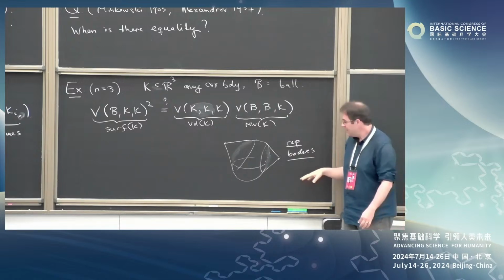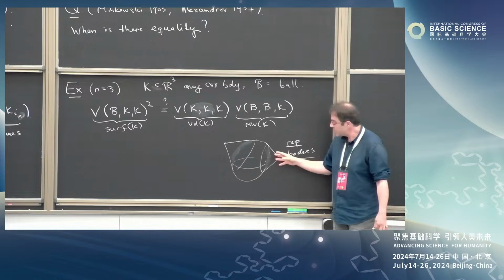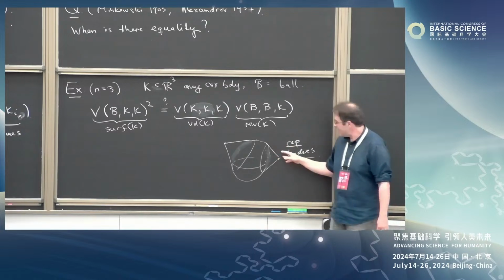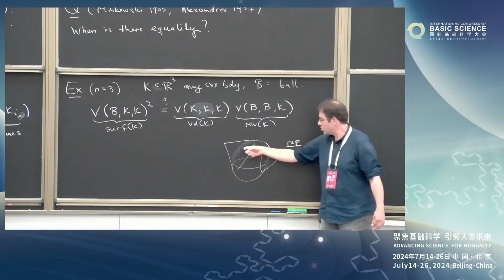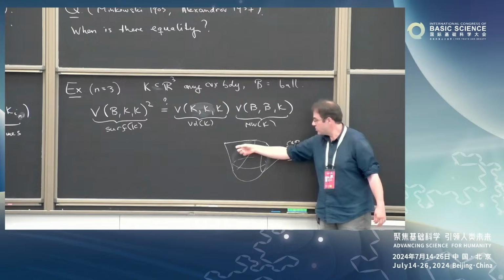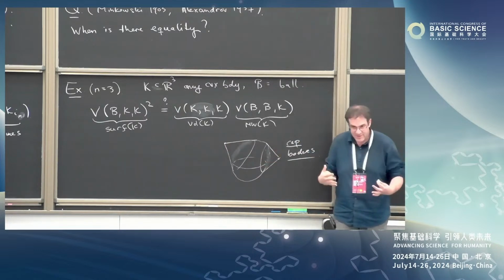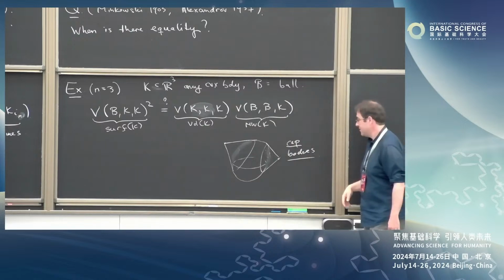Here the minimizers are not unique, and they have corners, and they can have as many caps as you want.